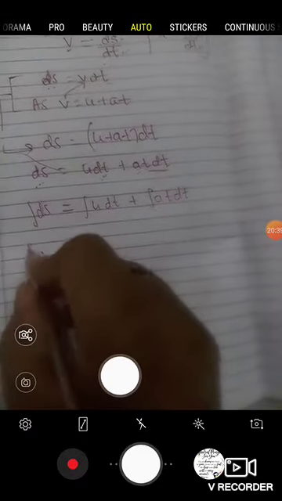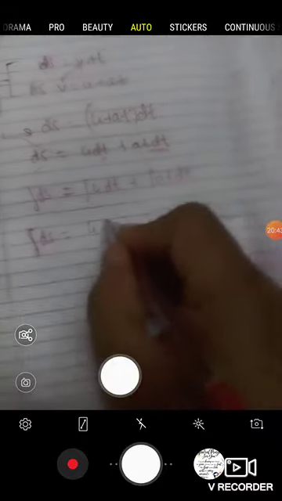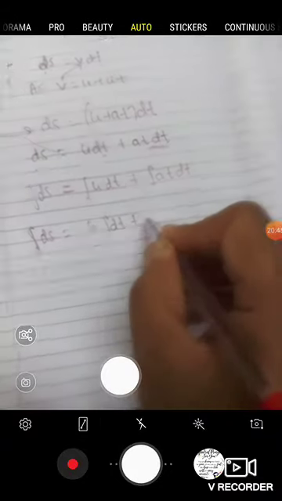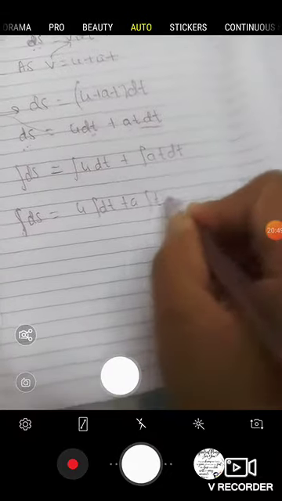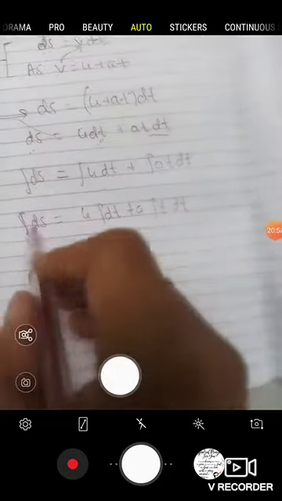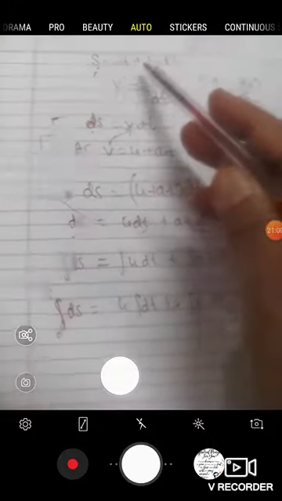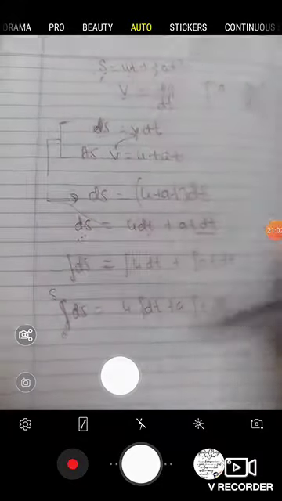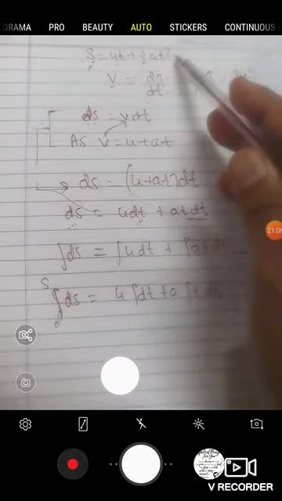This is integration of ds, this is u times integration of dt, plus a will be outside, integration of t dt only. Limit is from 0 to s because I only want s. Here limit will be 0 to t because I want only t. Here limit also will be only 0 to t because I only want t square.